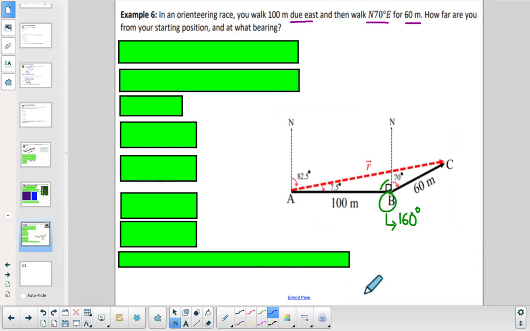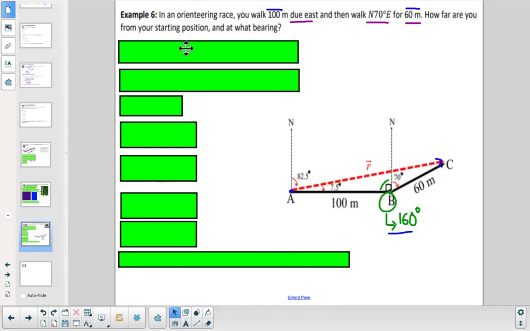Now, what else are we given? We also want to keep in mind that our resultant is moving in the direction starting at angle A, ending at angle C. Because I've calculated this 160 degrees, and I know my magnitudes, 100 meters due east and then 60 meters northeast, I have two sides and the contained angle, which is 160 degrees, just like in the first question.